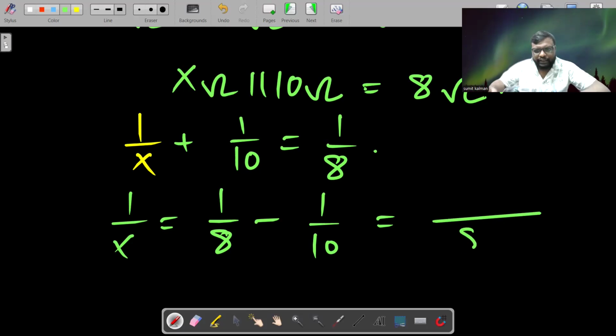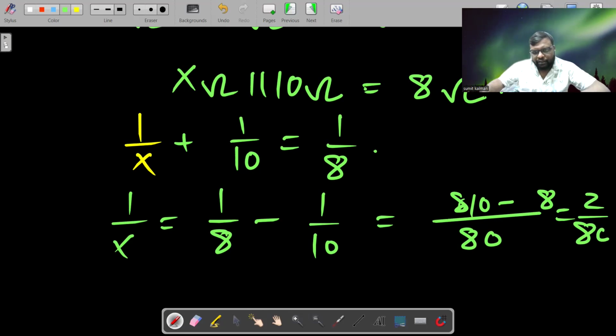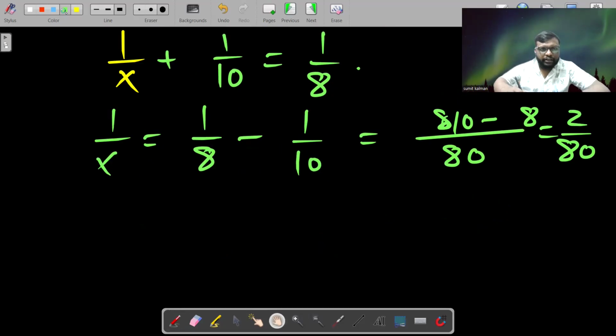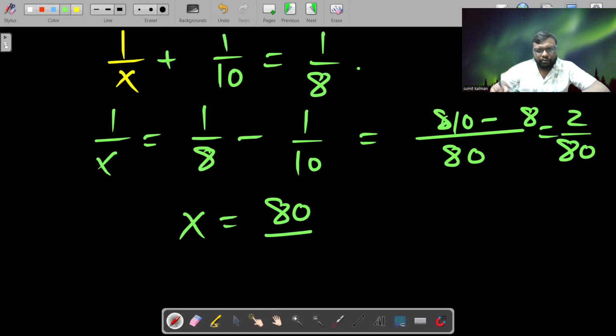Now here, the LCM is 80, 10 minus 8, so it will come out to be 2 upon 80, and your x will come out to be 80 upon 2, and it is equal to 40 ohm.